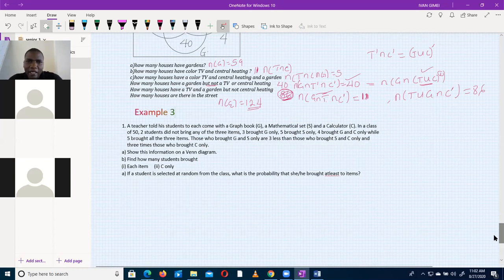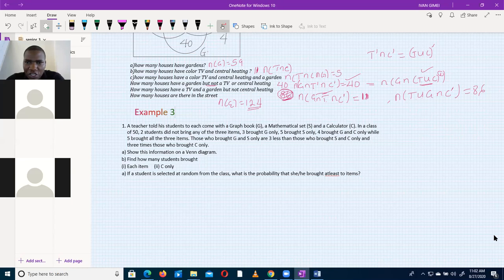The question says, a teacher told his students to come with a graph book, a mathematical set, and a calculator. In a class of 50, 2 did not bring any of the 3 items. Now we should know how to write that in set notation. 3 brought G only, 5 brought S only, 4 brought G and C only, while 5 brought all the 3 items.